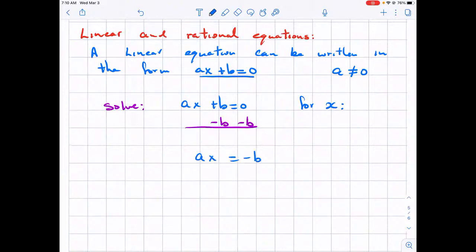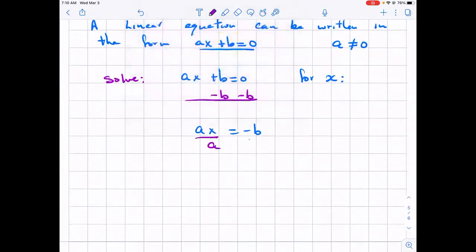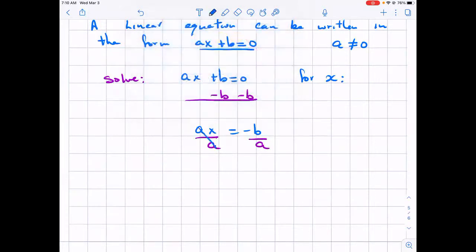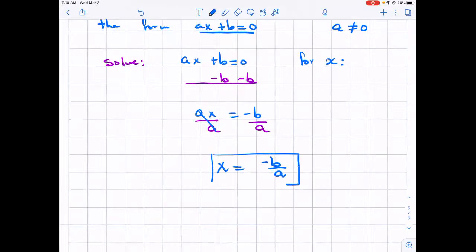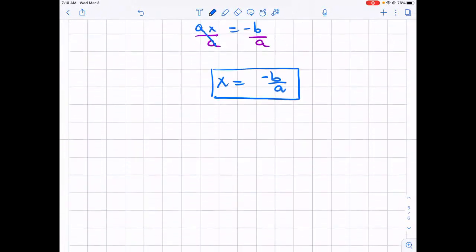Then we divide both sides by a, and this becomes 1, so x is equal to minus b over a. So we did get an answer, whatever b and a are. And that's the idea that we'll use when we solve equations. We want to isolate that value, get x by itself.